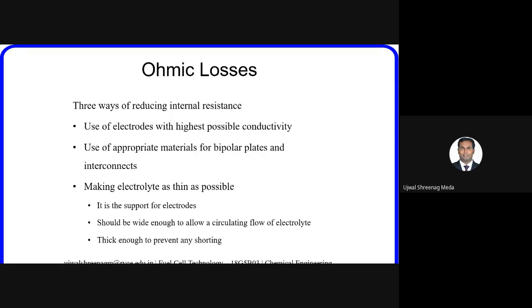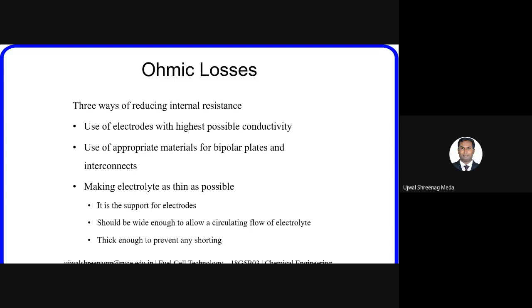Coming to the ways by which it can be reduced. First, use of electrodes with the highest possible conductivity. The higher the conductivity of the electrode material, the lower is the associated ohmic loss. And use of appropriate materials for bipolar plates and interconnects, depending upon the type of fuel cell, whether a bipolar plate or an interconnect is used.